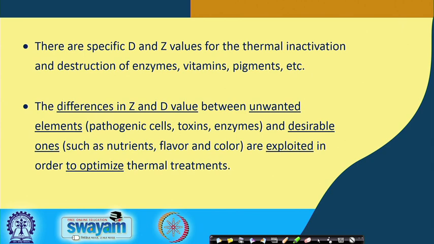They have different D values as well as Z values, and these differences in the D values and Z values of these undesirable and desirable components in the foods are generally exploited to optimize the thermal treatments, or they form the main basis for the optimization of the thermal process conditions.